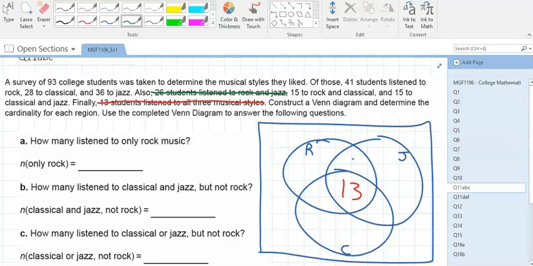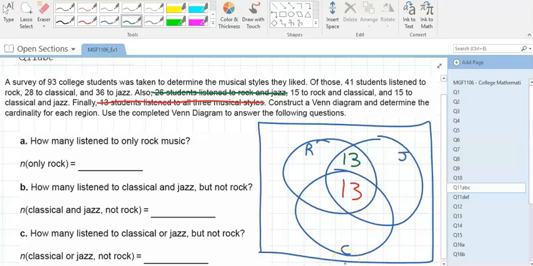But you already have 13 taken care of. So how many students are really in that green section right there where I have the dot? 13, because 26 minus 13 is 13. Okay? 26 of these students we need, but we already have 13 taken care of.